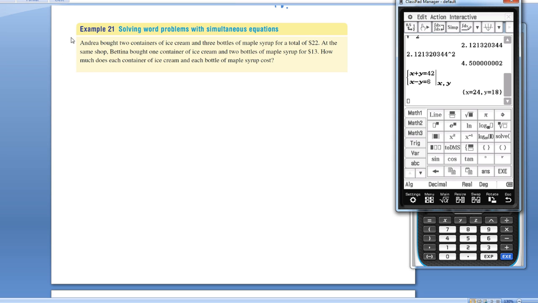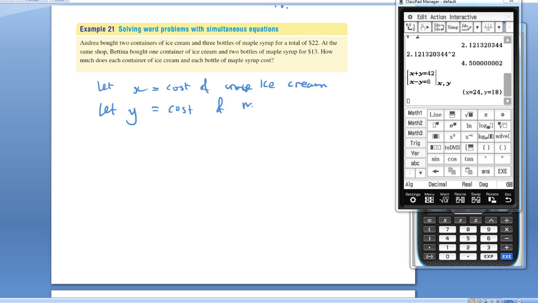So let's set up our equations. Let x equal cost of ice cream, and let y equal cost of maple syrup.